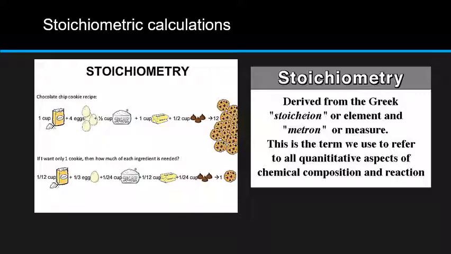It's all about having enough reactant ingredients to assist with the actual, desired product. Okay. It's all about composition and reaction. I want you to just keep that in the back of your mind before we carry on to the next slide.